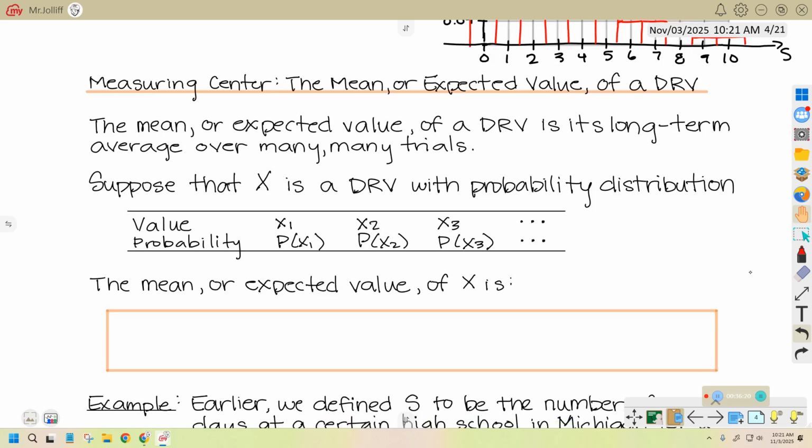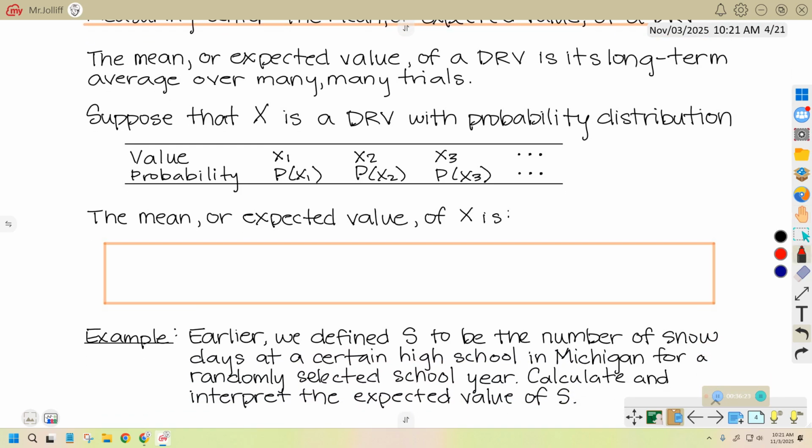So for any given probability distribution, if I want to find the mean of that random variable x, I can write it as the symbol for mean, mu sub x, or I can write it as E of x, the expected value of random variable x. Both of those represent the same thing. And it turns out calculating it's not too bad.